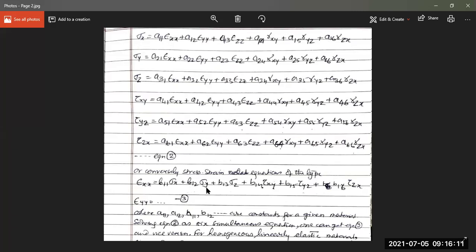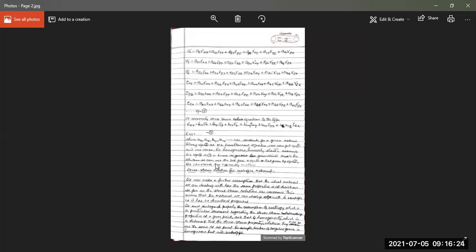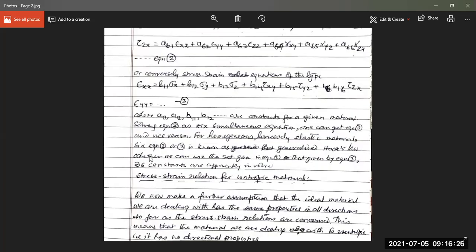Conversely, we can have the same equations with strains in terms of the stresses sigma x, sigma y, sigma z, tau xy and so on, where these constants are all constants for a given material.